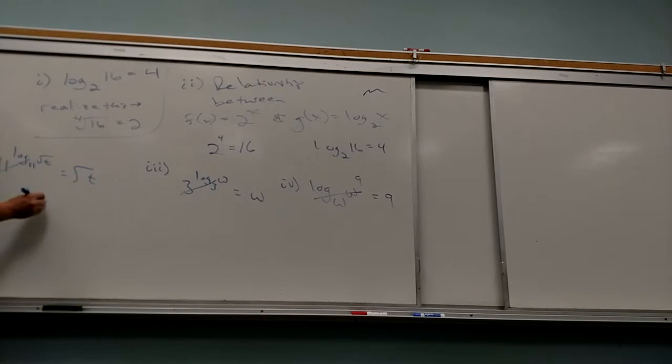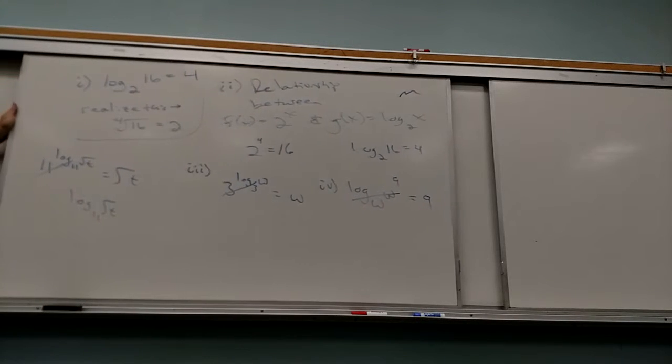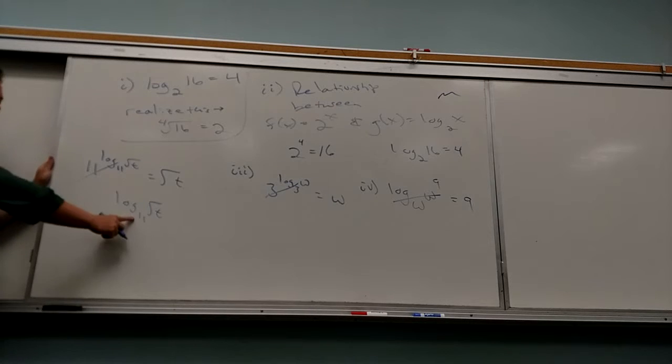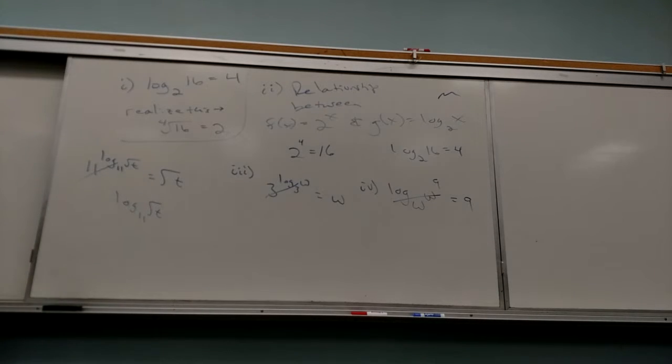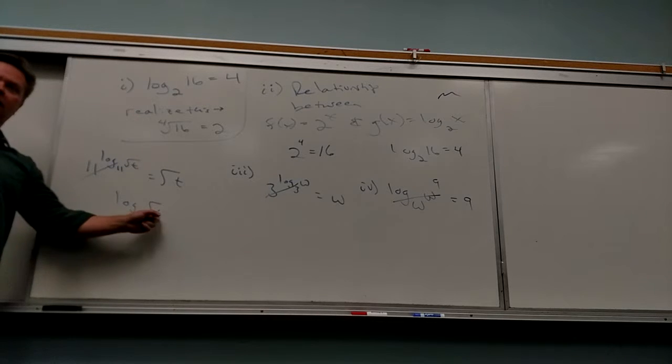What does this represent by itself? What does that represent by itself? What's a logarithm always? The logarithm itself is always a power. I like it. So it's the power that 11 needs to become the square root of t.